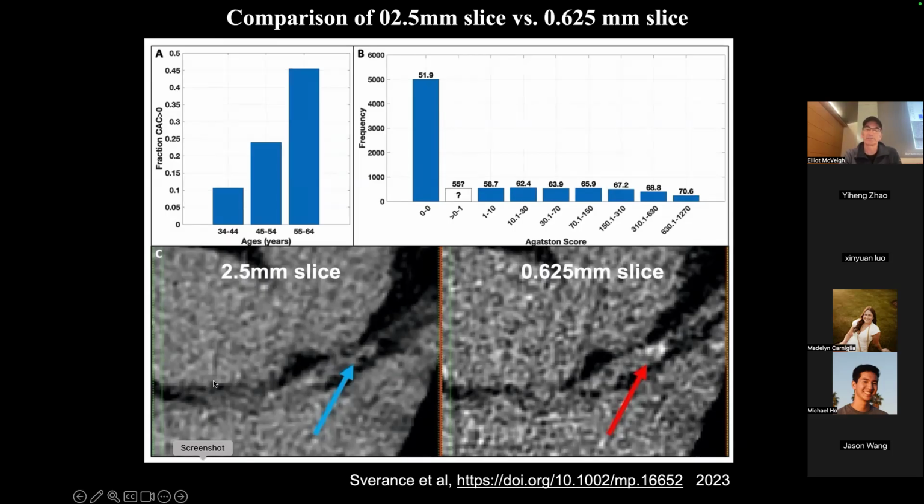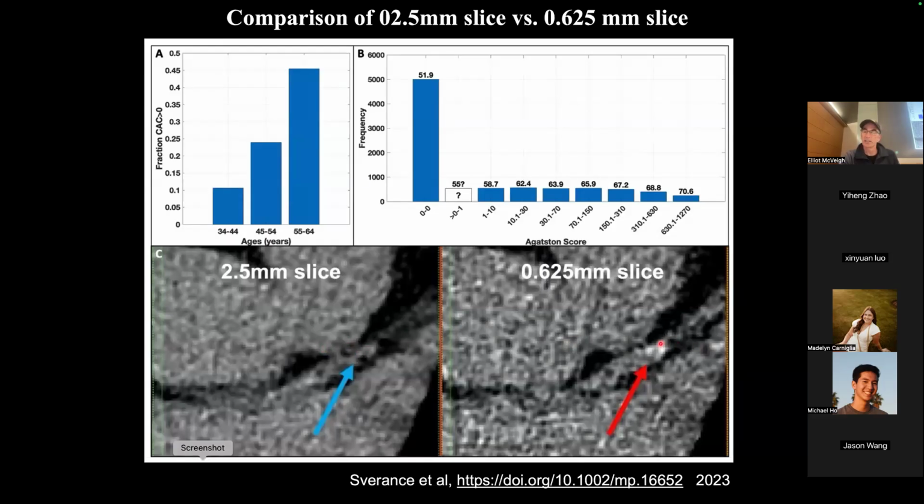In this patient, this is exactly the same raw data reconstructed with slices at 2.5 millimeters on this side, and on this side, reconstructed with slices at 0.625, right? So four times narrower.